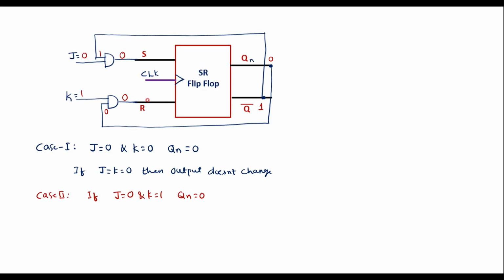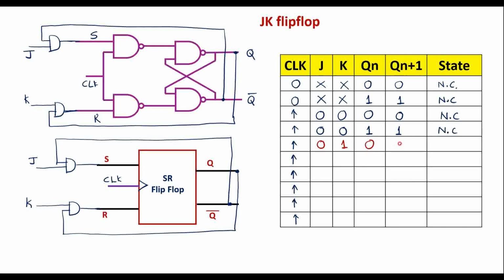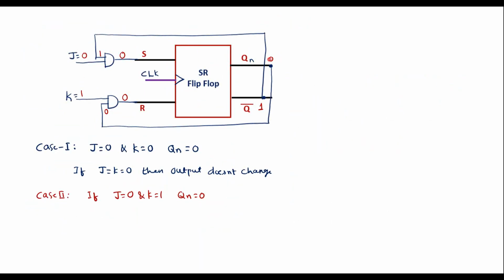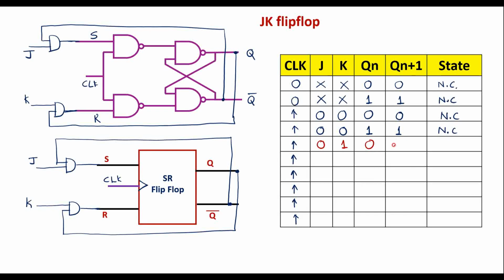In an SR flip-flop, if both the inputs are 0, there is no change. So the output of the flip-flop will be the same as the previous one. That is, Qn will become 0 and Qn bar will become 1. It means that Qn is 0, so the flip-flop is reset. The output Qn plus 1 will be 0. It indicates the flip-flop is reset.